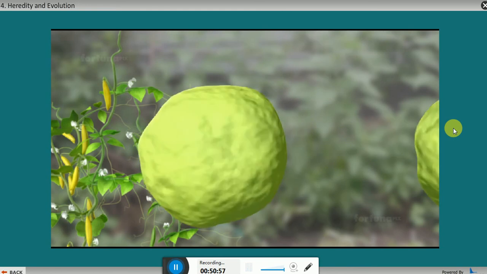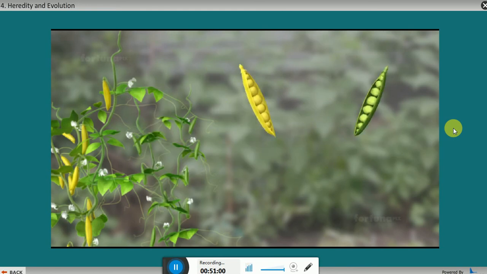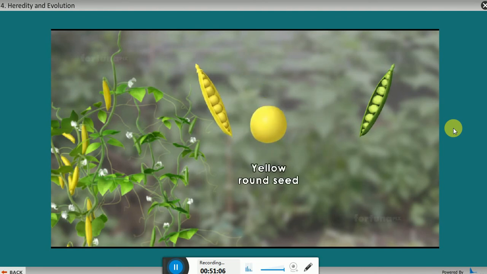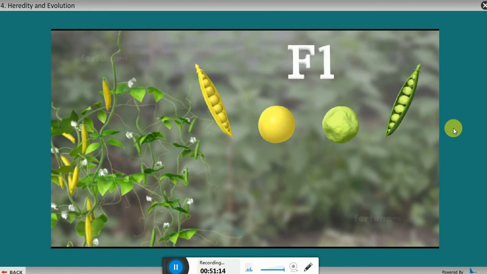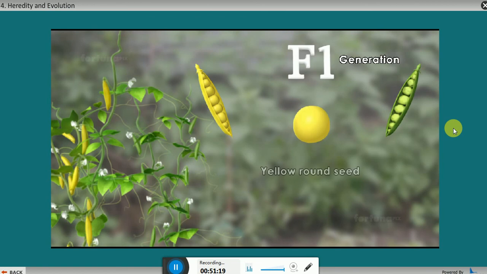He then cross-pollinated the parental plants, sometimes referred to as the parental generation, of yellow, round seeds with the plants of green, wrinkled seeds. In the F1 or first filial generation, all the plants yielded yellow, round seeds.